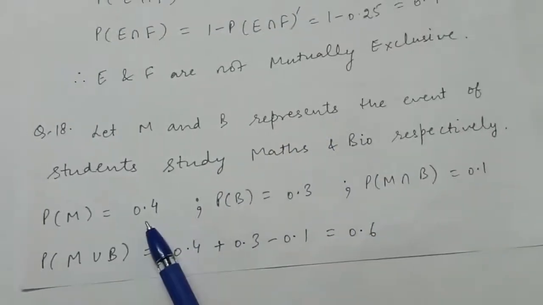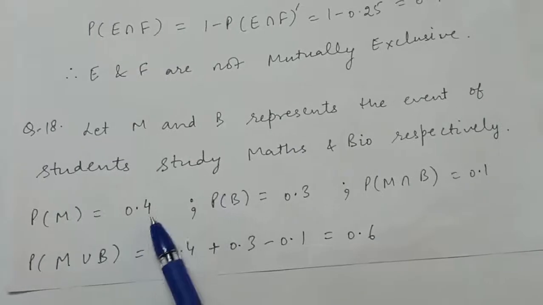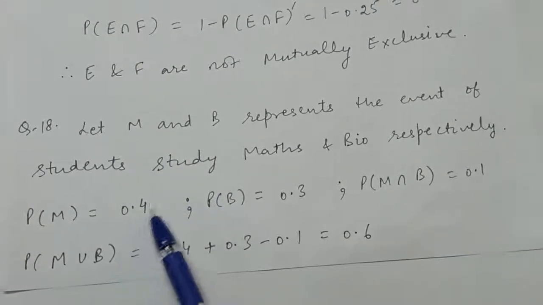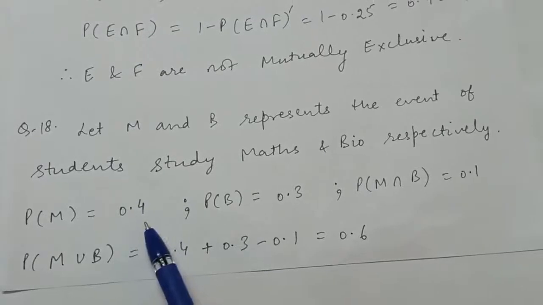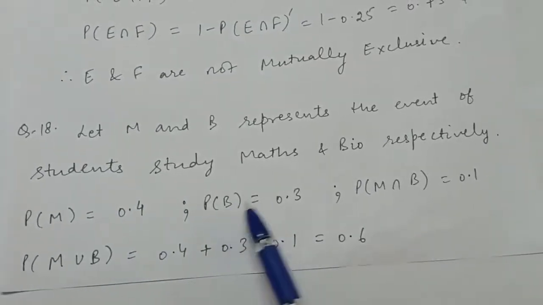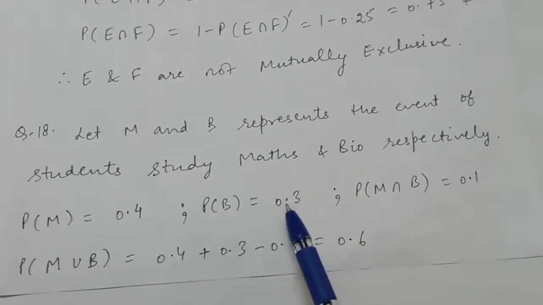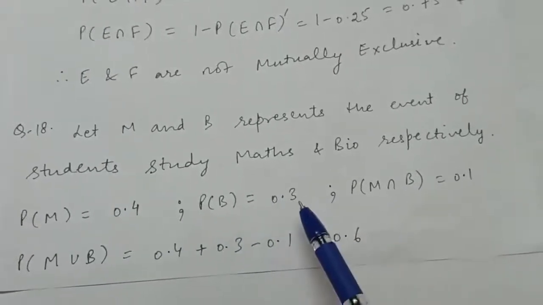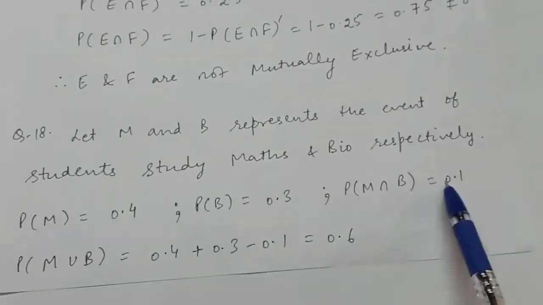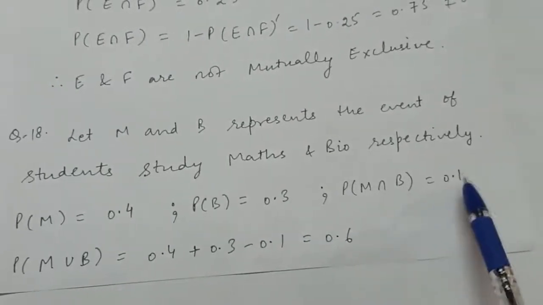Now probability of M will be, because out of 100%, 40% of the students study maths. That is, probability of M will be 0.4, and probability of B, that is probability of bio, will be 0.3 as it is given 30% students study bio. Intersection is given as 10%, so probability will be 0.1.